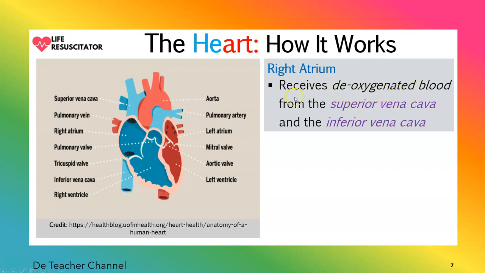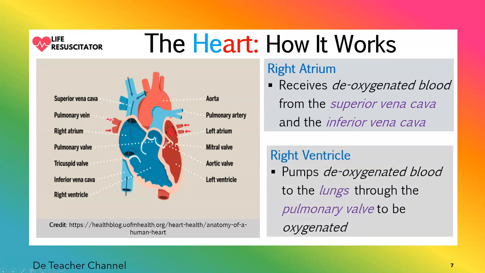So this blood without oxygen or with little oxygen flows back to the heart through the right atrium, via the superior vena cava and the inferior vena cava from the legs and the lower part of the body.